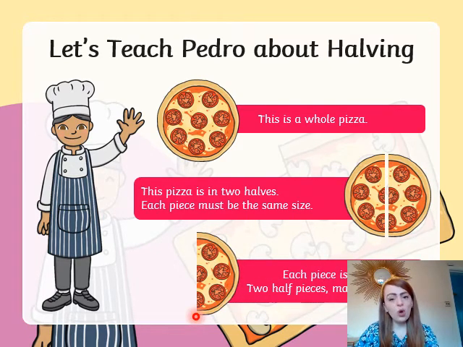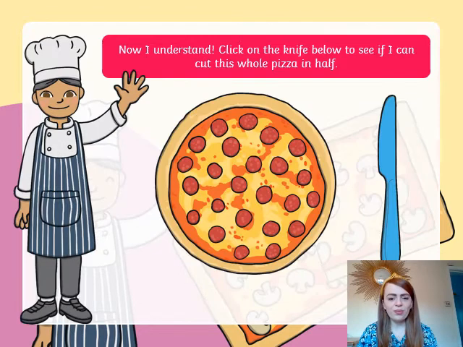Each piece is called a half, and 2 half pieces make 1 whole. So you can see that this is a half and this is a half, and together they make a whole. Okay, so now Pedro understands. Let's see if he can now cut the pizza correctly.